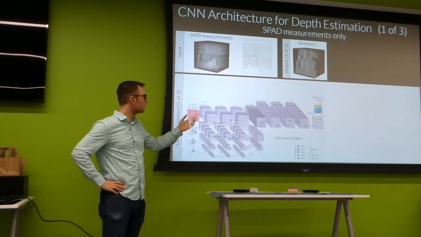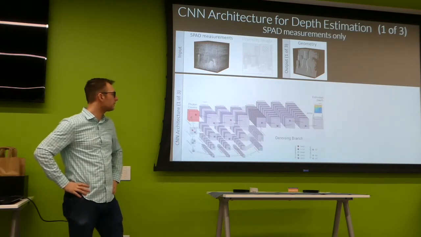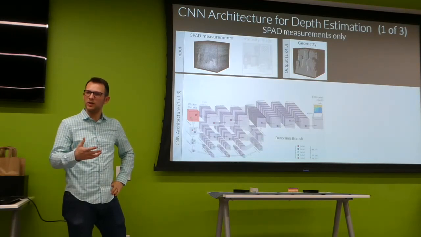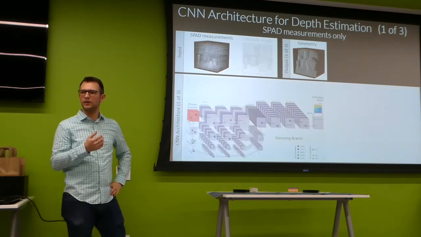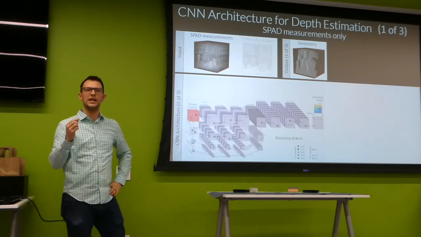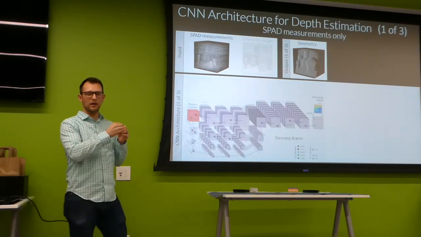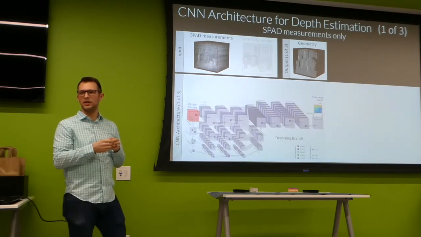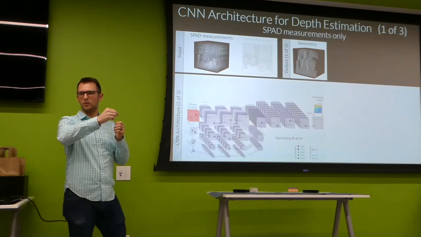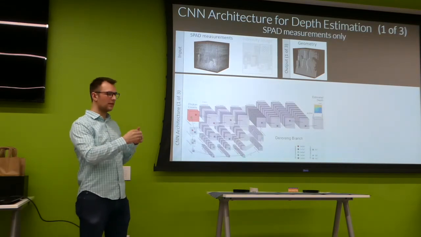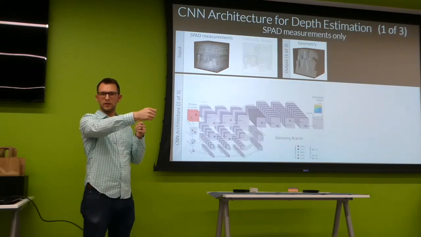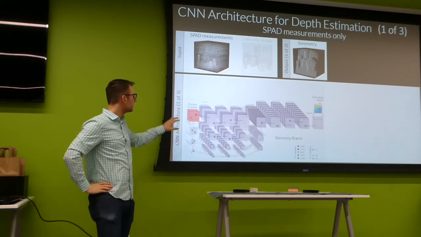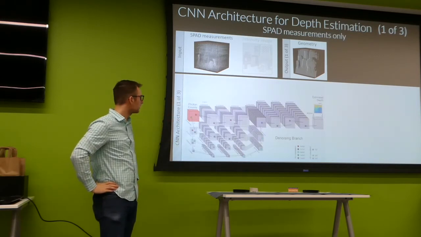I built the structure after looking at segmentation networks used for image segmentation, because they were trying to solve a similar problem, a per-pixel classification. Here we're trying to classify when the single photon arrived, and in image segmentation you identify each pixel as one of a certain class. Here we have these bin indices where the photon could arrive, and those are like classes. So I came up with a multi-scale architecture similar to these image segmentation architectures.